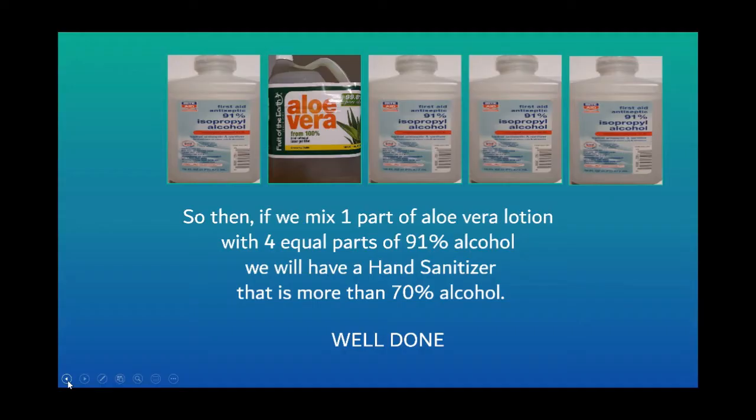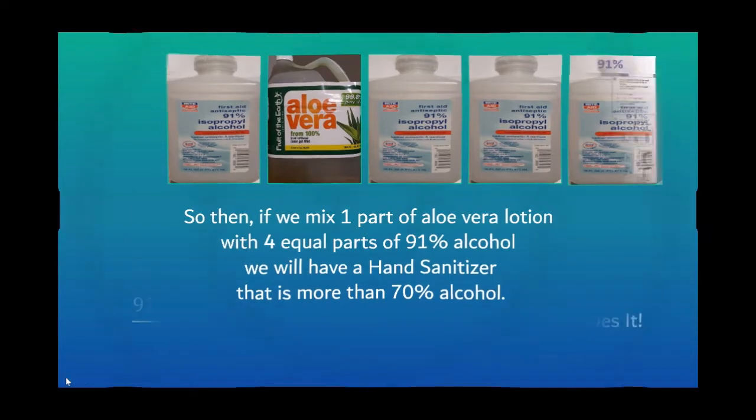And this was the last slide where we saw if we have 1 part aloe vera gel, and we have 4 parts of 91% alcohol, that this will average out to be above 70% hand sanitizer, which is what we were looking for.